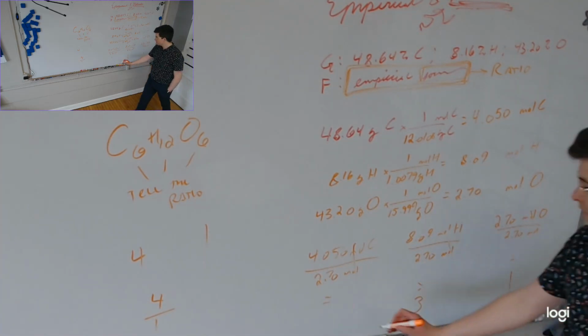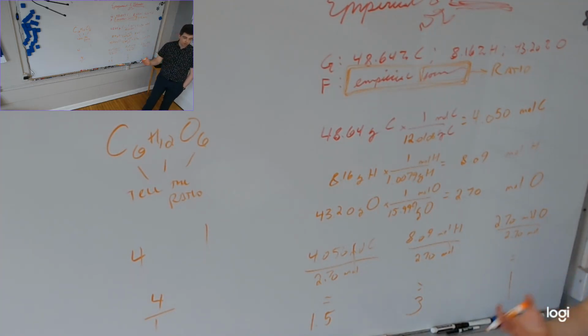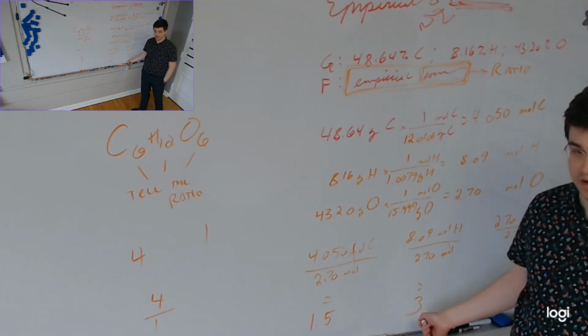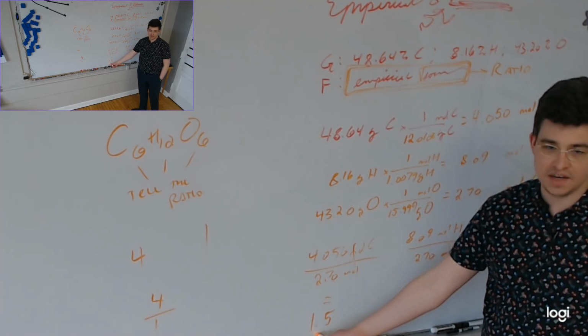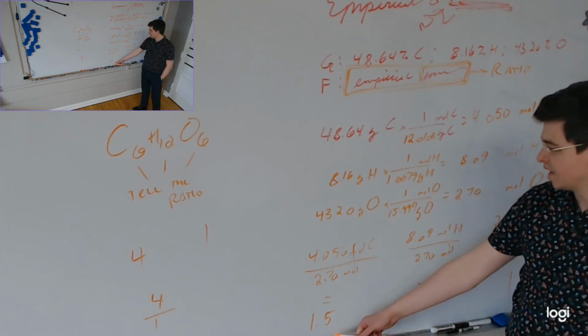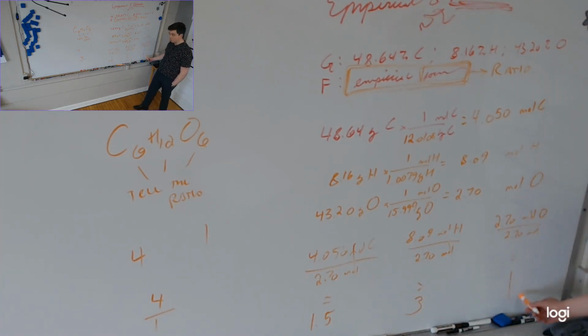1.5. So you're looking for nice fractions, something like halves or thirds, maybe quarters. I haven't seen that, and I don't think it's on your test. But you're looking for either whole numbers, which would be great because then you're done, or nice fractions. Because this tells us what? Can my formula be C1.5H3O1?